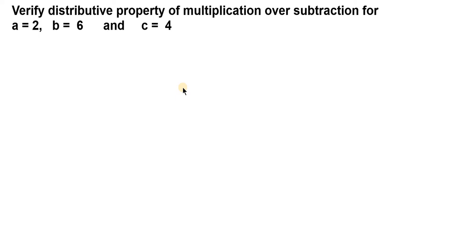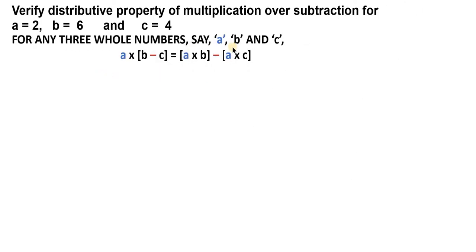We can check it wherever it is defined, because subtraction is not defined for all values of whole numbers. So we have chosen B and C in such a way that B minus C has an answer in the whole number set. So we have taken B greater than C. So 6 is greater than 4. For this set of values, we will check whether the distributive law holds good or not.